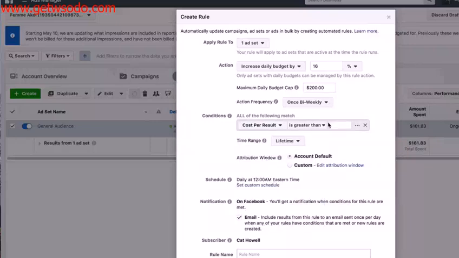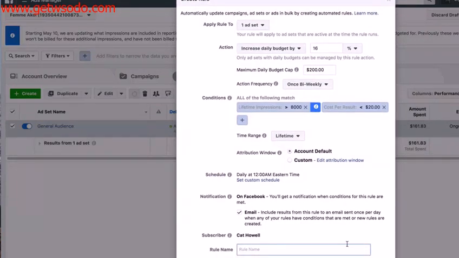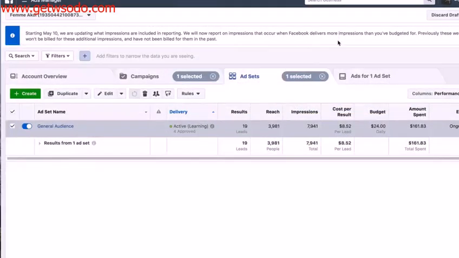If cost per result is smaller than, say, we say $20. And then you can create this rule, give it a name, and then save it. So this will be doing it automatically. Just double check it is working, because sometimes these automation rules don't work that well.